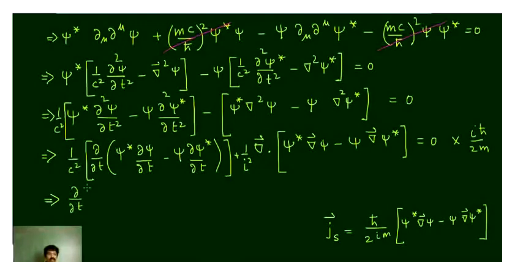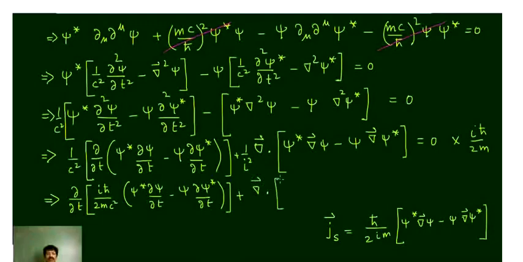So what we get is ∂/∂t of iħ/2mc² times (psi star ∂psi/∂t minus psi ∂psi star/∂t), plus the divergence of ħ/2im (psi star grad psi minus psi grad psi star), equal to 0.